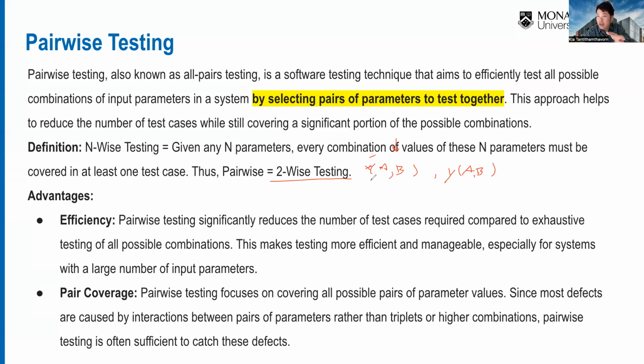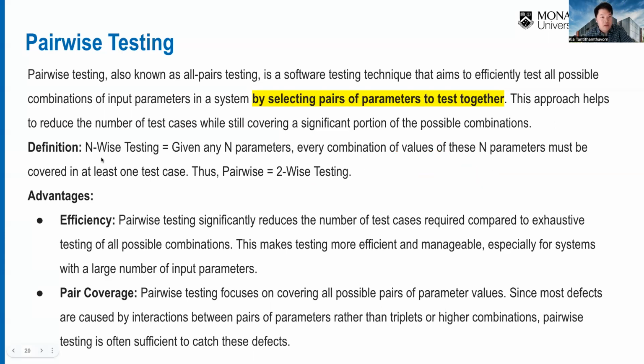We generate all pairs: AA, AB, BA, BB. Then we test all of the pairs for all of these combinations, which is easy. This is a small scale problem, but when it becomes larger, I will tell you how to do it in the next few slides.